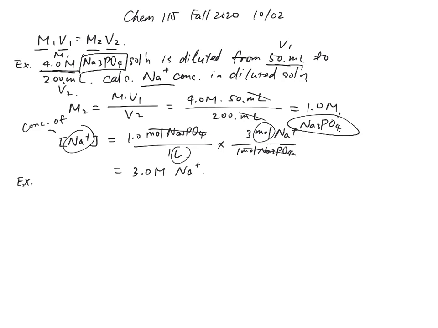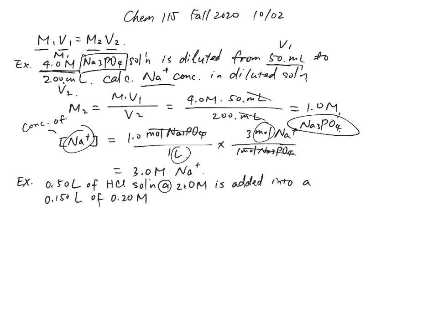The next problem is kind of similar to dilution, but in a little bit more complicated situation. 0.50 liter of a HCl solution at 2.0 molar is added into 0.150 liter of 0.20 molar calcium chloride solution.